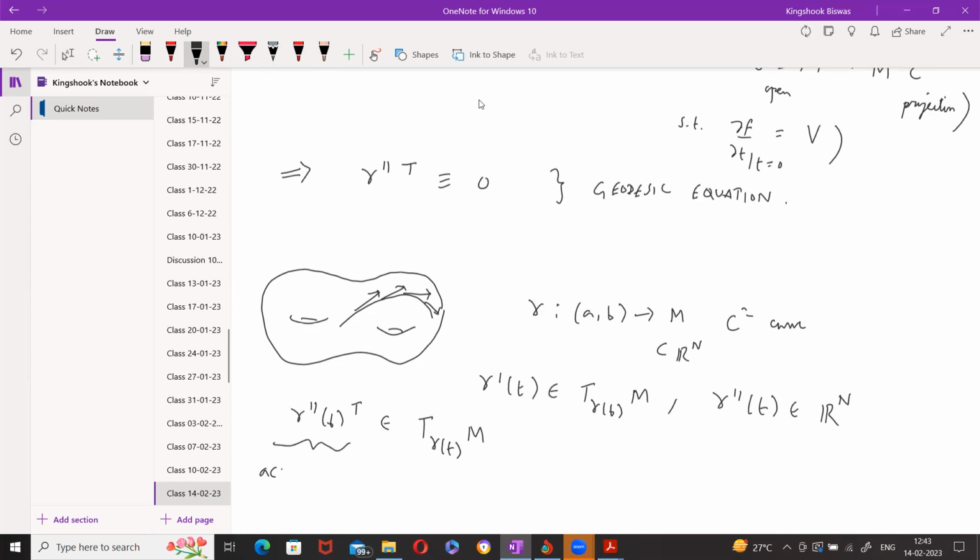So you just take the tangential component of the usual acceleration in Rn, right? Is that clear? And what we're finding is a geodesic has to have 0 acceleration in M.